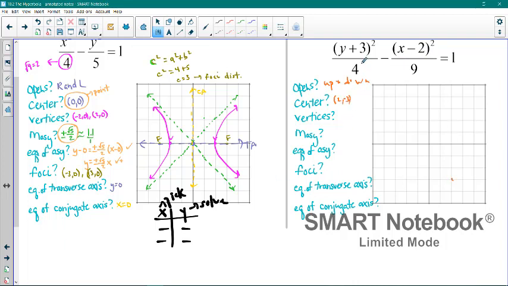The vertices will be the square root of 4, which is 2 away from the center. So I will go 2 up and 2 down. Vertex, vertex. So those are located at 2, -1, and 2, -5. I was at -3, I went down 2, so that's -5.